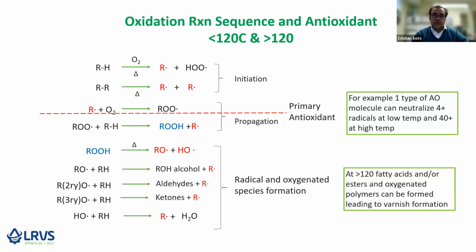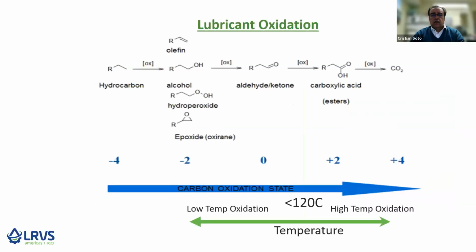Now, keep in mind that one of the big values of the antioxidants is that one antioxidant can neutralize, say, 4 radicals at low temperature, but at high temperature, they can be much more effective and neutralize up to 40 radicals. So this is one of their big values, that they're not acting one-to-one for each peroxy radical formed, but are actually able to neutralize stoichiometrically many more free radicals formed per molecule of antioxidant.